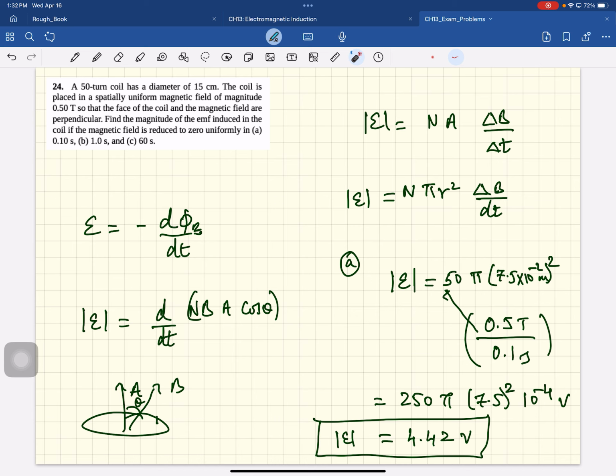So the longer you take for the field to go to 0, the lower the EMF.